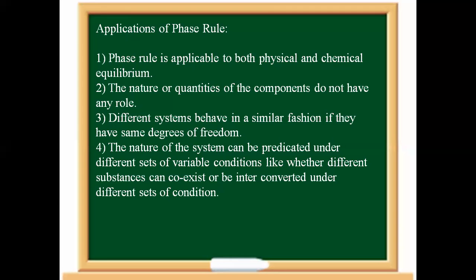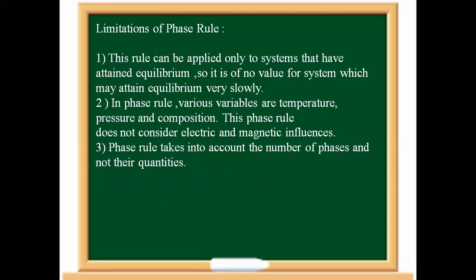Now let's have a look at the applications, that is advantages and disadvantages. Obviously phase rule is applicable to both physical and chemical equilibrium, so components may not play that big a role in it, and it is a macroscopic study. Now one thing is there, all chemical reactions may not attain equilibrium.